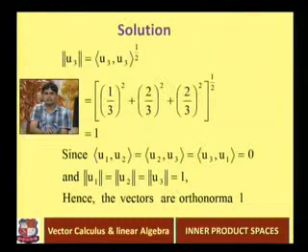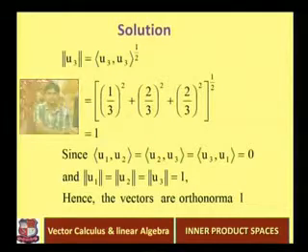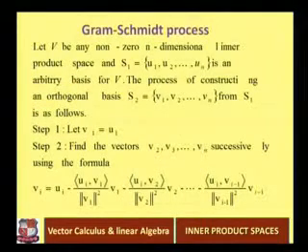Since the inner products of u1 and u2, u2 and u3, u3 and u1 are all 0, and the norms of the three vectors u1, u2, u3 are also 1, the given three vectors u1, u2, u3 are orthonormal.